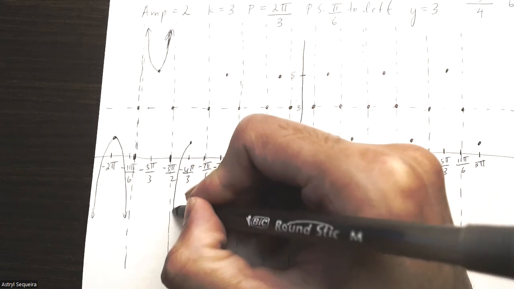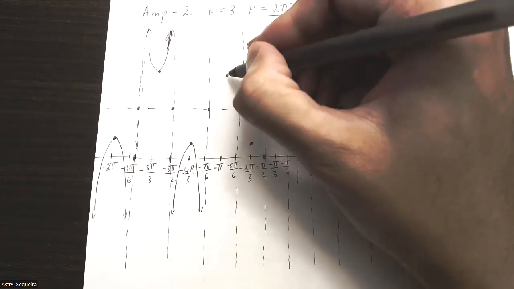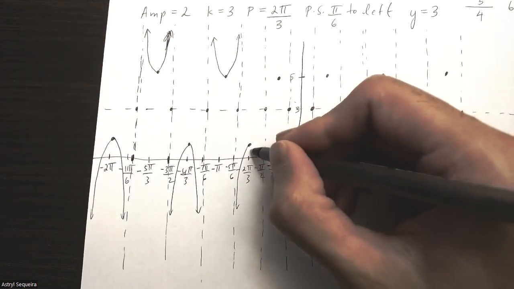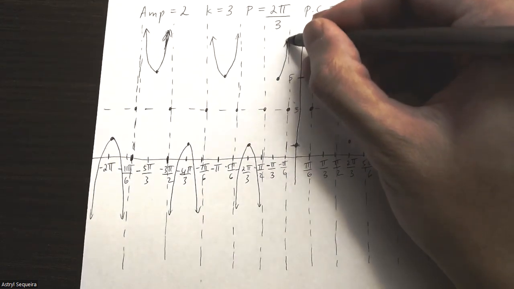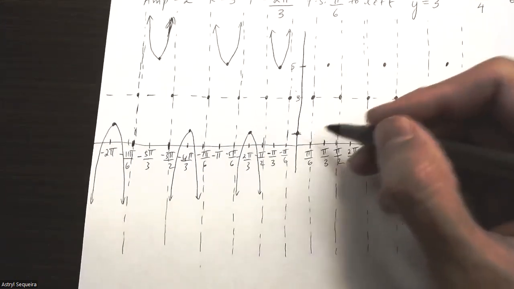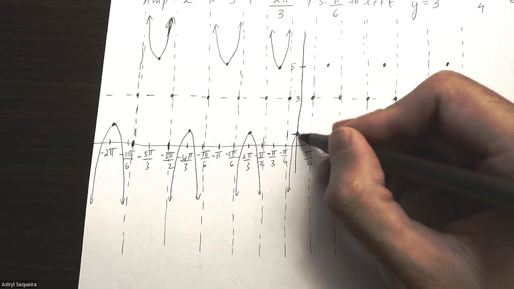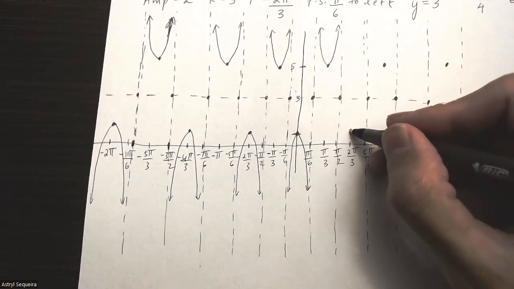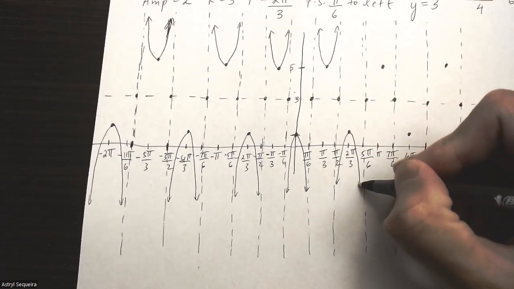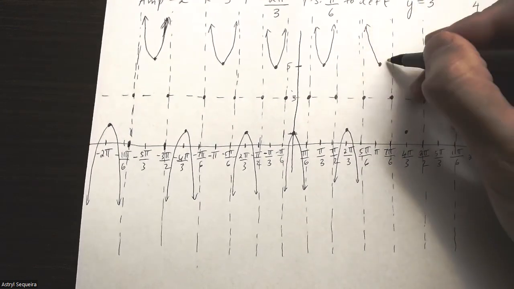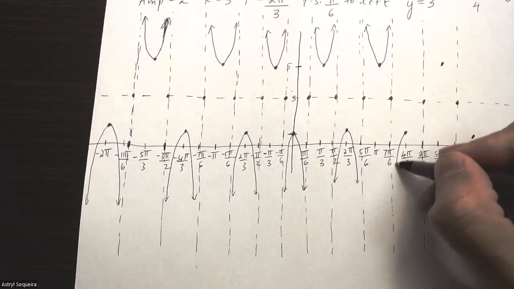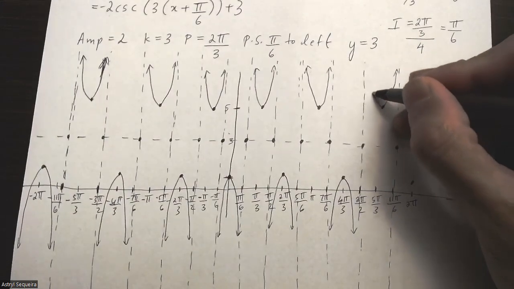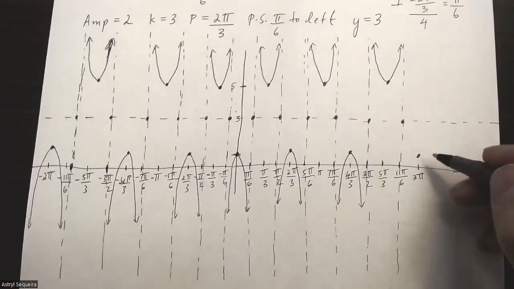This one's downwards, and this one is upwards, down, up, down, up, down, up, down, up, and then the last one over here.